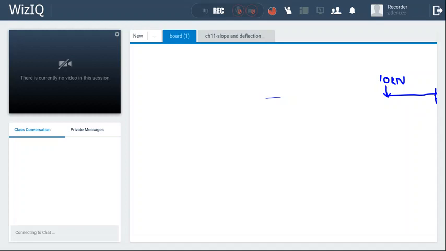In the similar way, we can write the equation EI d2y by dx2 is equal to, so we take bending moment at distance x here.